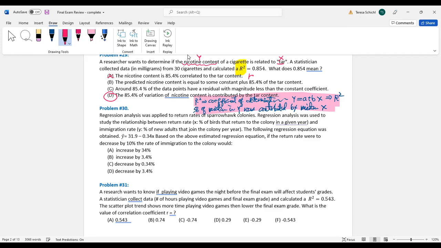Then for B, the predicted nicotine content is equal to some constant plus 85.4. No, that's not what the coefficient of determination means. Okay, number C says around 85.4% of the data points have a residual with magnitude less than a constant coefficient. No, that's not what the 85.4 means here.